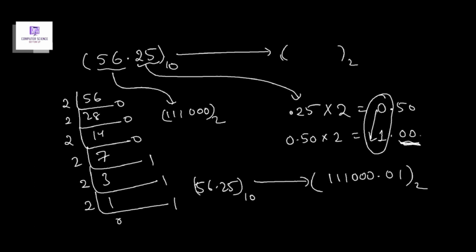Let's take one more example from decimal to any other base, but not binary. Let's take 37.25 in base 10. And what is the equivalent of it in base 6? So how do you get it?